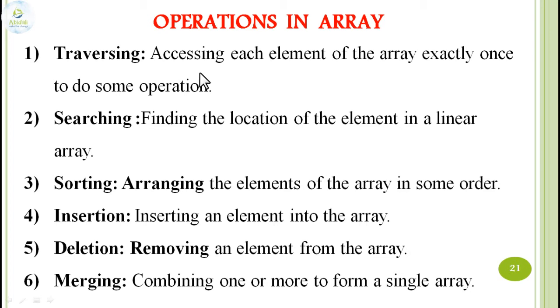And we may do some operation when we are accessing the element. We may take the input or we may give the output or perform addition, multiplication with the elements that are located within the array. So accessing each element exactly once to do some operation, that is called the traversing or travel.